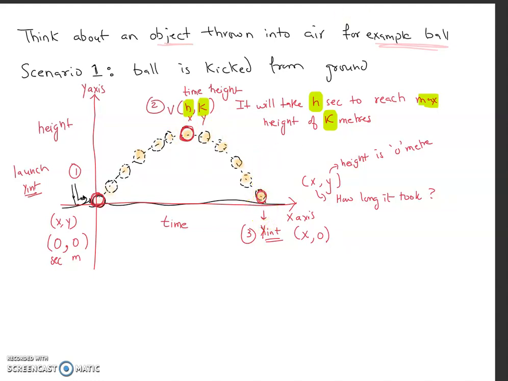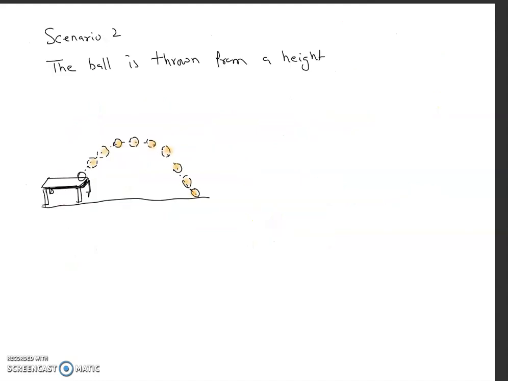The same scenario can also be given when a ball is launched from a certain height. Not every time is the ball going to be hit from the ground. It can be thrown off a building, or a person can throw it with their hands rather than kicking it from the ground. In this case, I just made a table. You'll notice we still have those three points. The second point is still your vertex, the maximum height and the time.